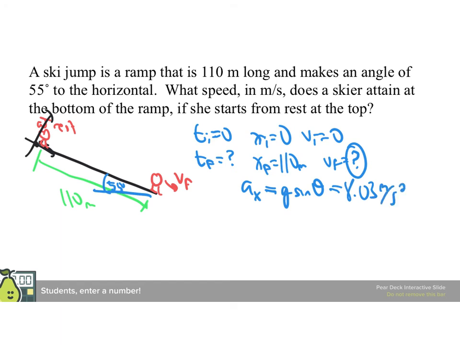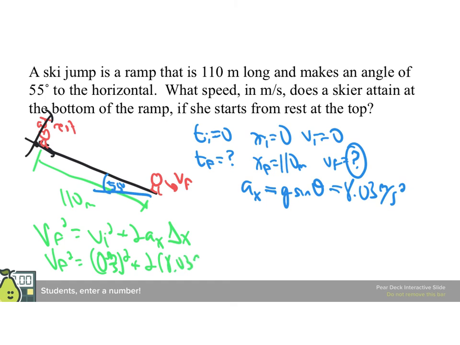So we see this as a thing where we don't have the time, we don't want the time, we do want a thing that has v_f in it, and so we're going to end up with an equation that looks something like v_f squared equals v_i squared plus 2 a_x delta x, or v_f squared is 0 meters per second quantity squared plus 2 times 8.03 meters per second squared times the 110 meters.